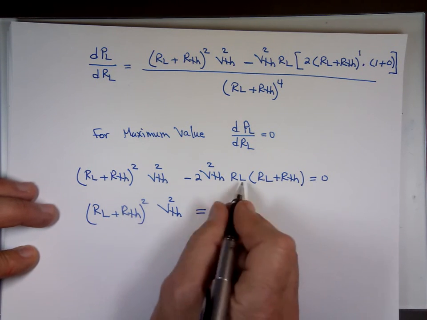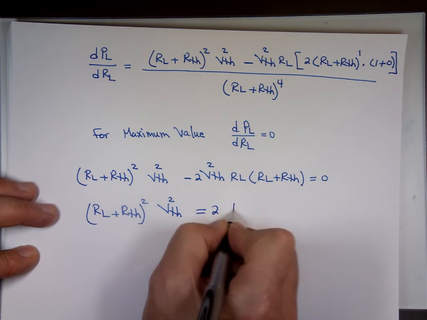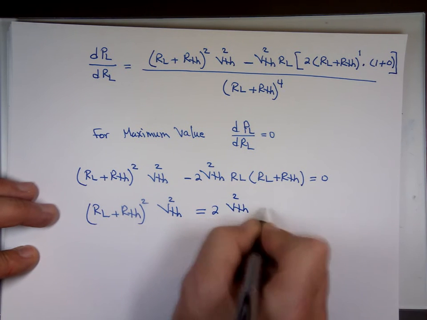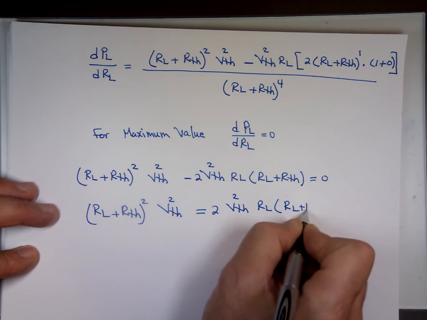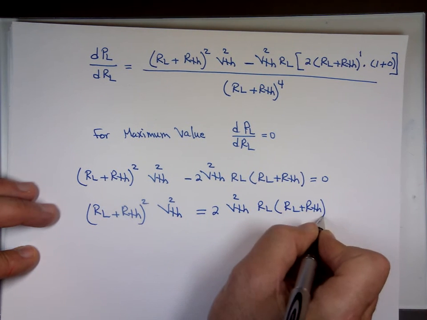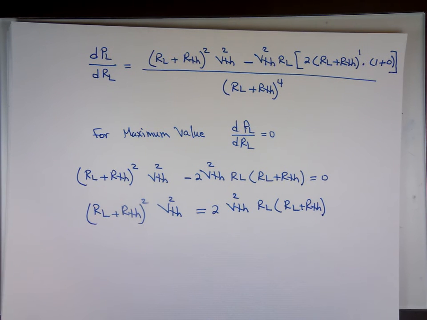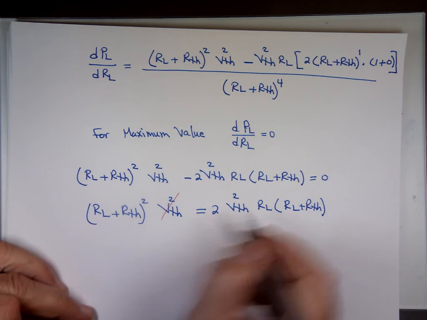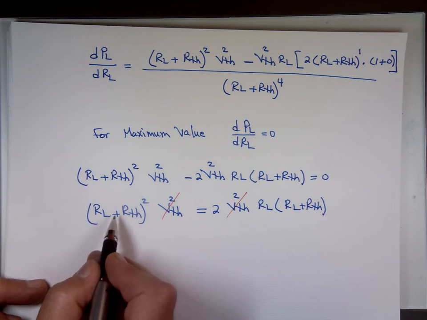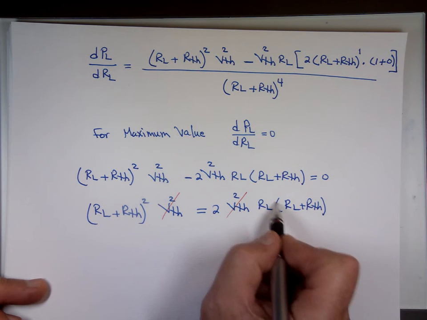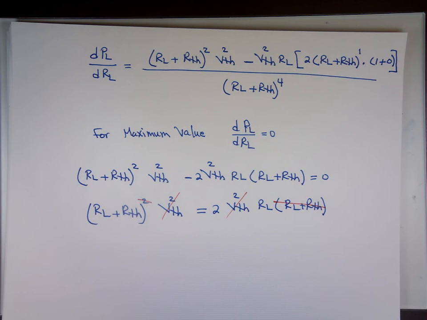What do we have here? 2 times v thevenin squared r sub L plus r thevenin. Notice quickly some cancellation. What do you notice? Yeah, v thevenin cancels that v thevenin, and one of these, because there's 2 of them on this end and 1 on that. This cancels one of these. There's 2 of them there.